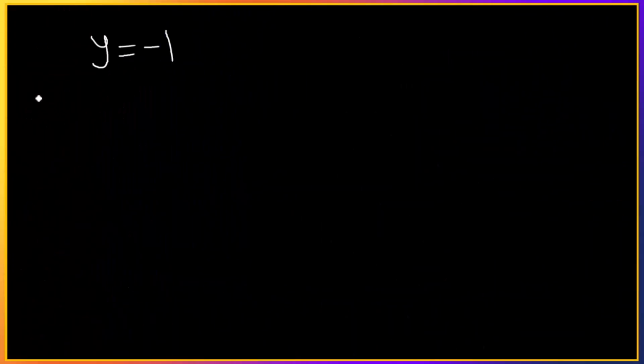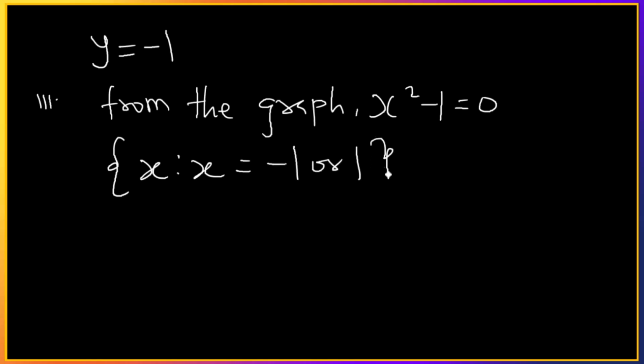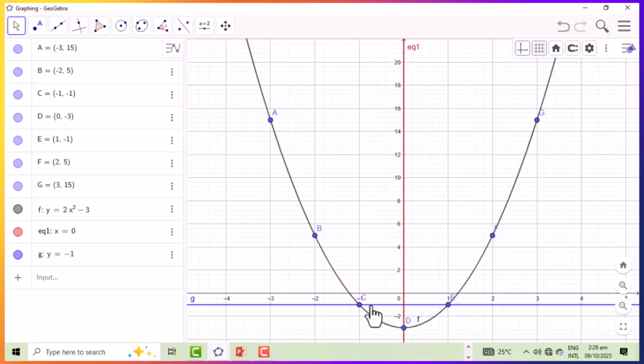So from our graph, x squared minus 1 equals 0 gives us these values of x: x is such that x is equal to -1 or 1, and this is done nicely over here.